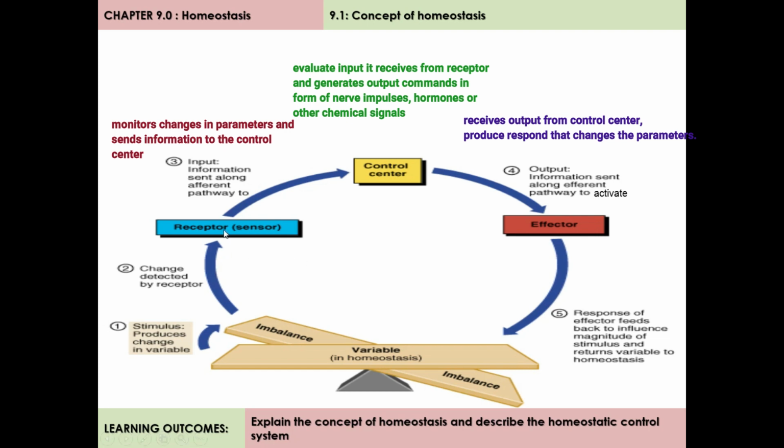Again, the receptor monitors the changes in parameters and sends information to the control center. The control center evaluates the input received from the receptor and generates output commands in the form of nerve impulses, hormones or other chemical signals to the effector.